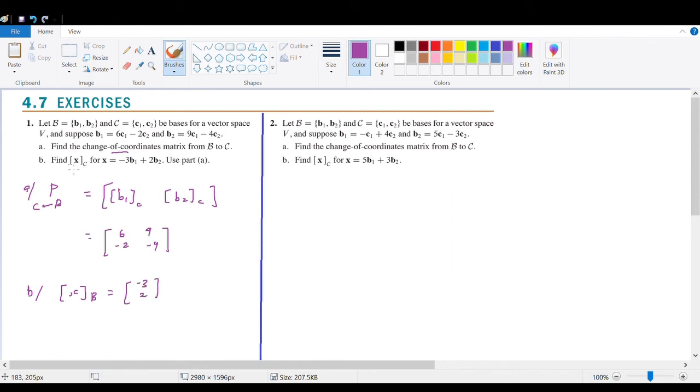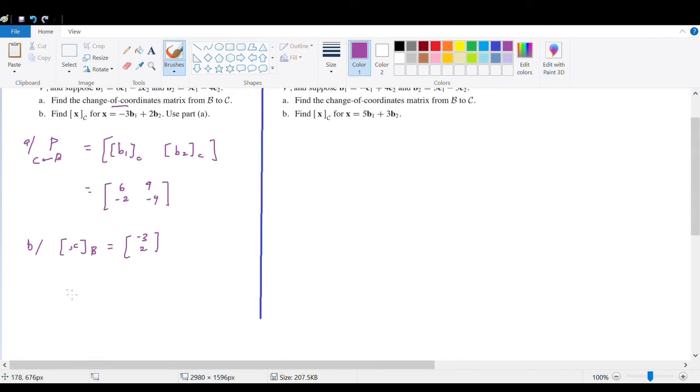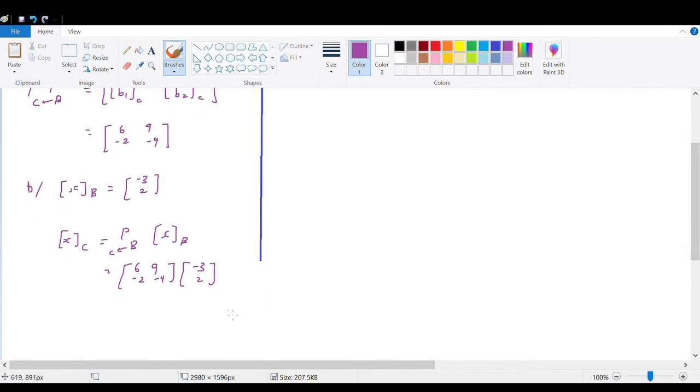So now we need to find the coordinate vector of x to the basis C, which is equal to the change of coordinate matrix from B to C multiplied by the coordinate vector of x to the basis B. So it is 6 minus 2 multiplied by 9 minus 4 multiplied by minus 3, 2. So this will give us 0 and here minus 2.